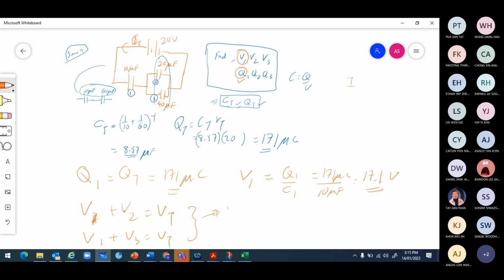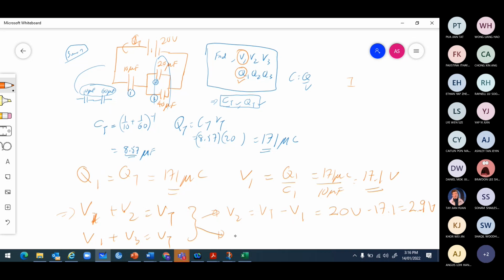So what's V2? From the equation above, V2 is V total minus V1. V total is 20 volt minus V1, which we just got as 17.1. So V2 is 2.9 volt. V1 and V2 are in a closed loop with the battery, so the two voltages add up to 20 volt.